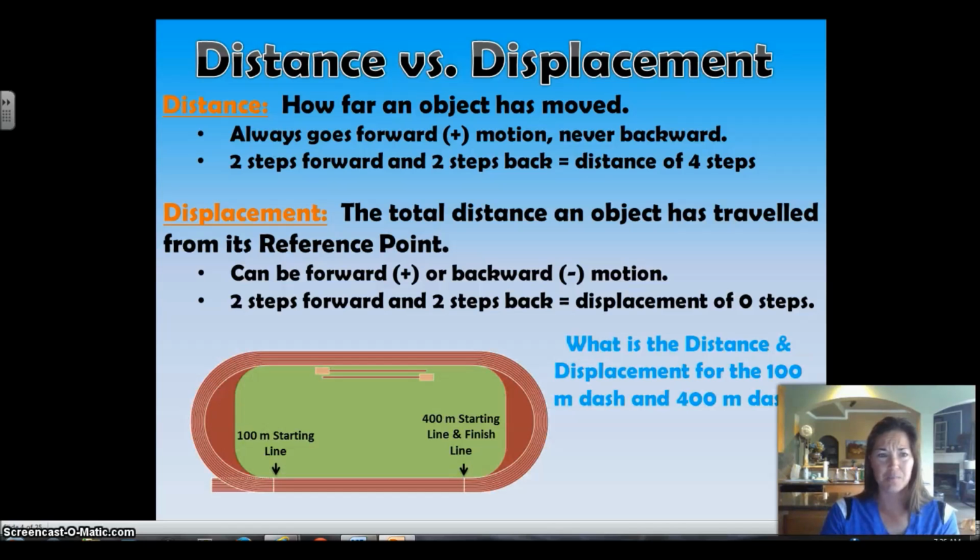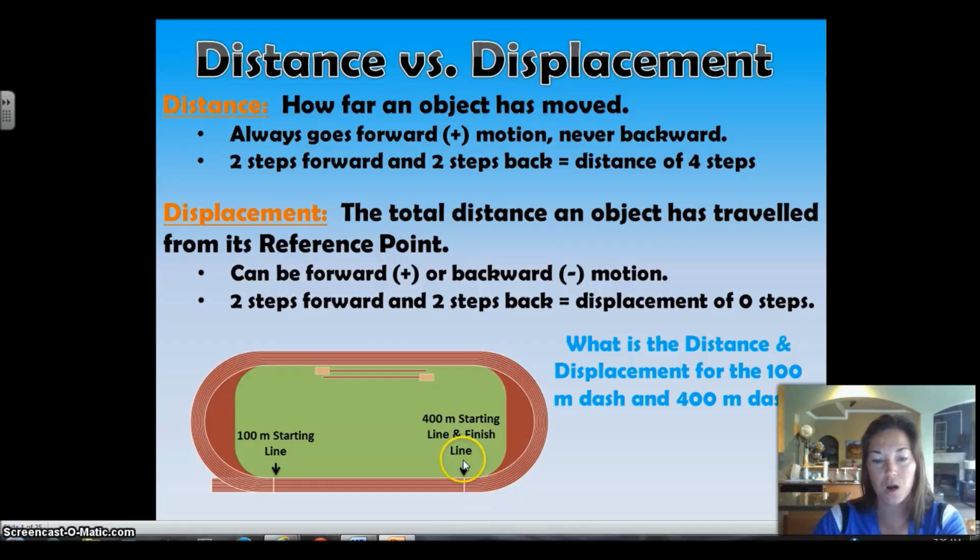Here's another example of distance versus displacement. We have a track, and there's 2 races on the track. There's the 100-meter dash, where you start here at the starting line and you sprint 1 length of the track and you end here at the finish line. So during the 100-meter dash, what is the distance traveled and what is the displacement traveled?